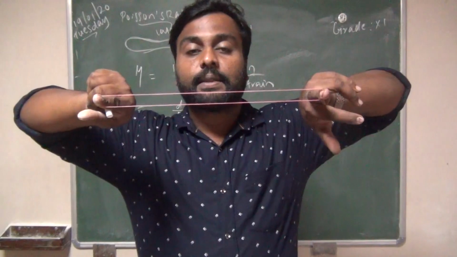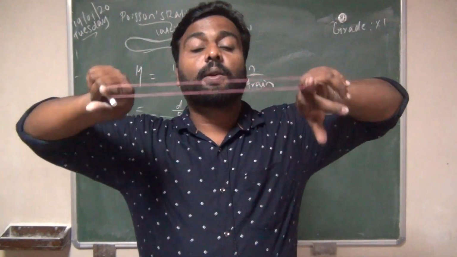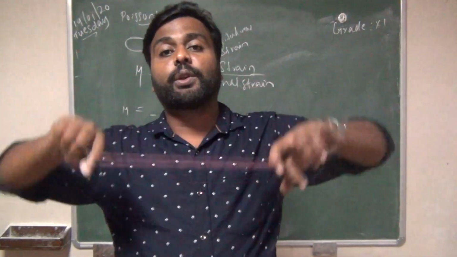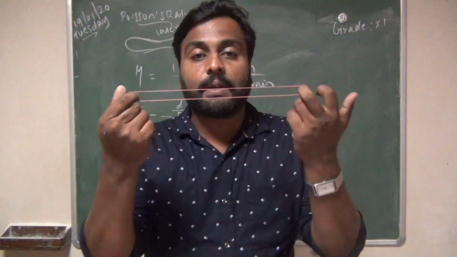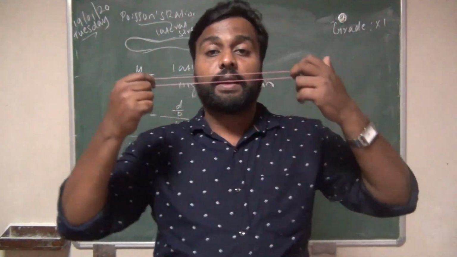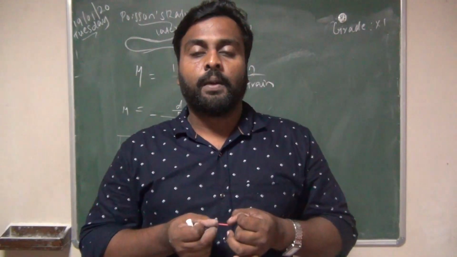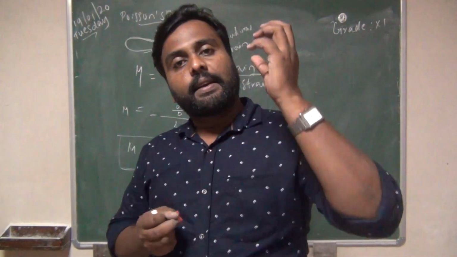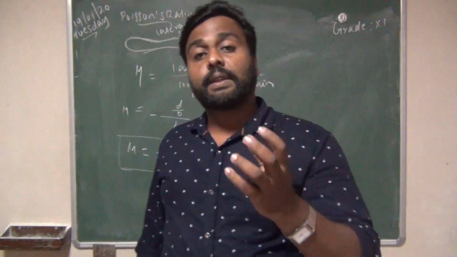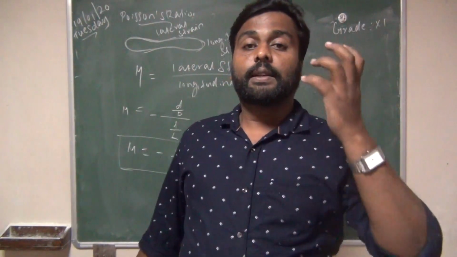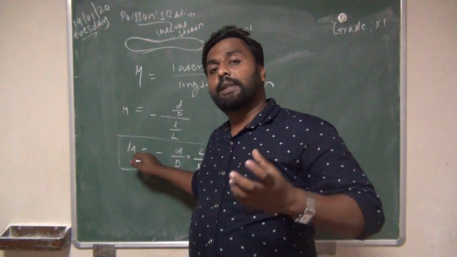When you stretch the rubber band, in one direction it elongates, and in another direction it contracts. This contraction and elongation in two directions is the reason why we use the minus symbol here.